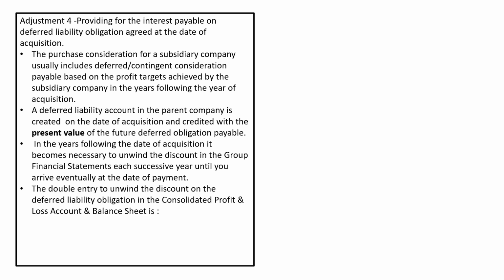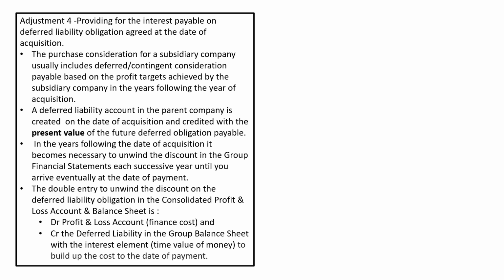The double entry to unwind the discount on the deferred liability obligation in the consolidated profit and loss account and balance sheet is to debit the profit and loss account, in particular the finance cost, and credit the deferred liability in the group balance sheet with the interest element, which is the time value of money, to build up the cost to the date of payment.